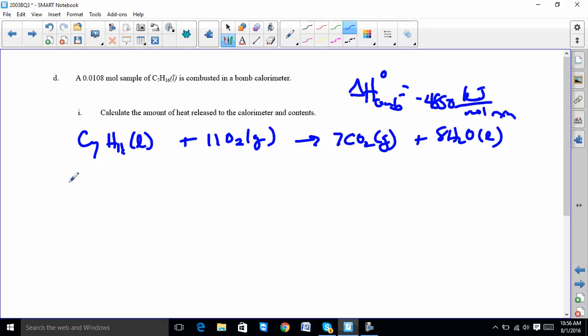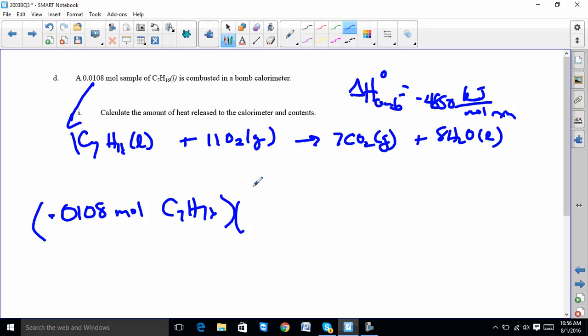So that's what it is when you have 1 mole here and 11 moles here, and 7 moles here, and 8 moles here. Well, now this is interesting. You don't have 1 mole. You have 0.0108 moles of C7H16.